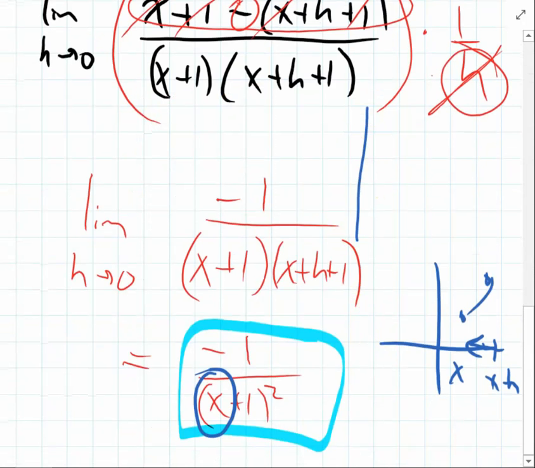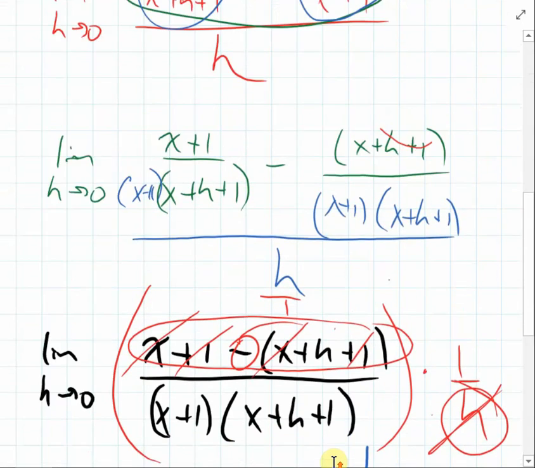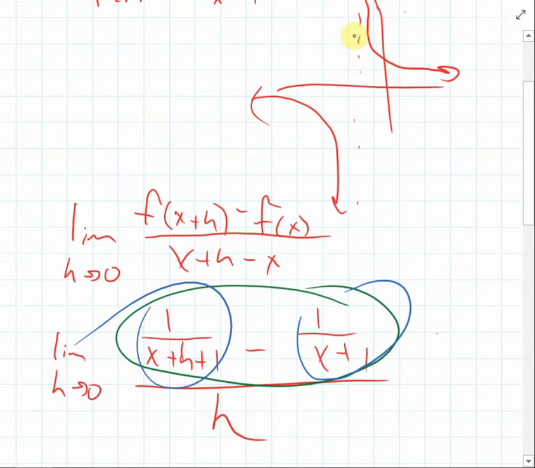So the slope of the tangent line at x equals 0 is minus 1. So there's a quick example here, another one in terms of using this idea in 2.4.